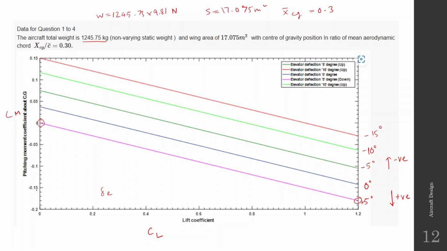So then we have to calculate the division. So you can see that there are 5 divisions over here and this point is on the second division. So the pitching moment over here is approximately equal to minus 0.18.